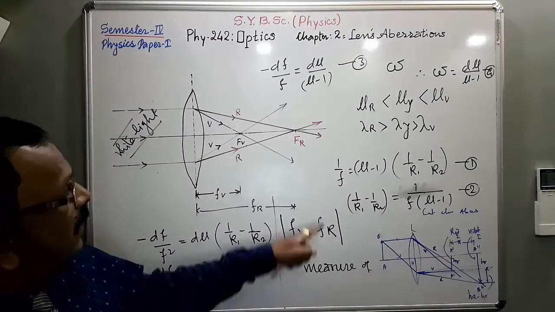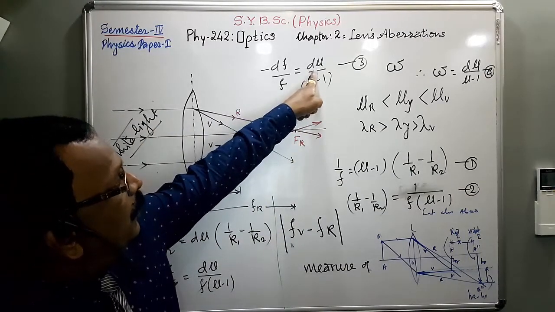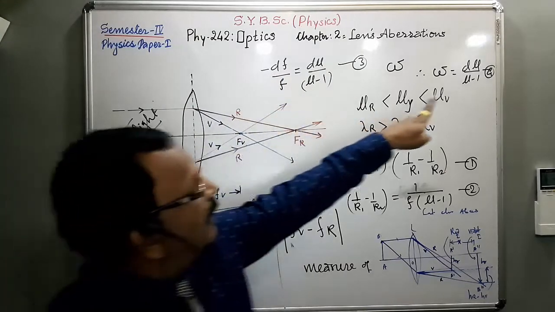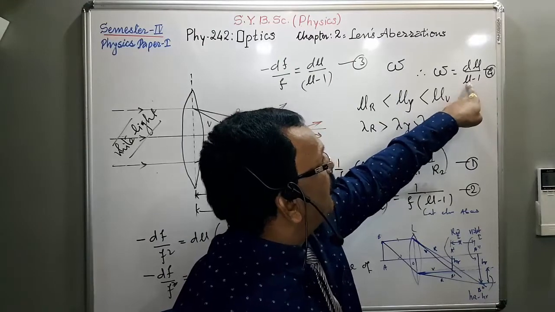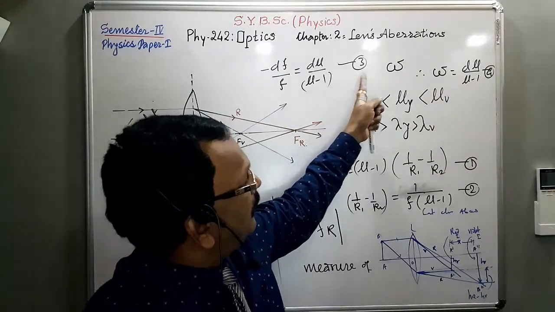Okay. But here, see here, d mu upon mu minus 1 is equal to minus df upon f, and here d mu upon mu minus 1 is equal to omega. Hence we can equate equation 3 and equation 4.